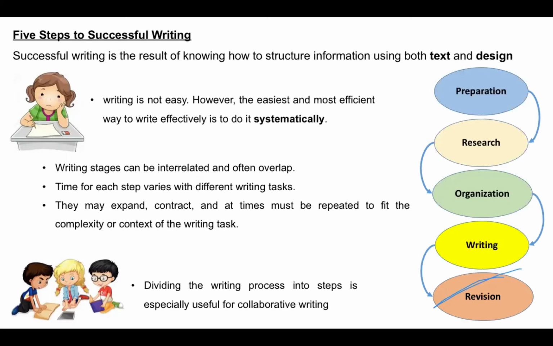5 stages, starting with preparation, then you do the research, and go ahead with the organization. And as you can see, the writing is the 4th activity, not the first one. This is why academic writers usually fail, because they come from the beginning and think about writing.